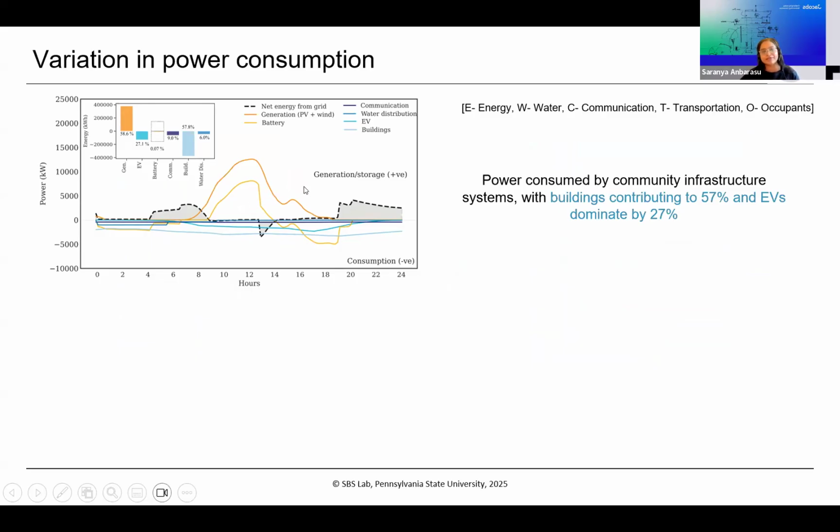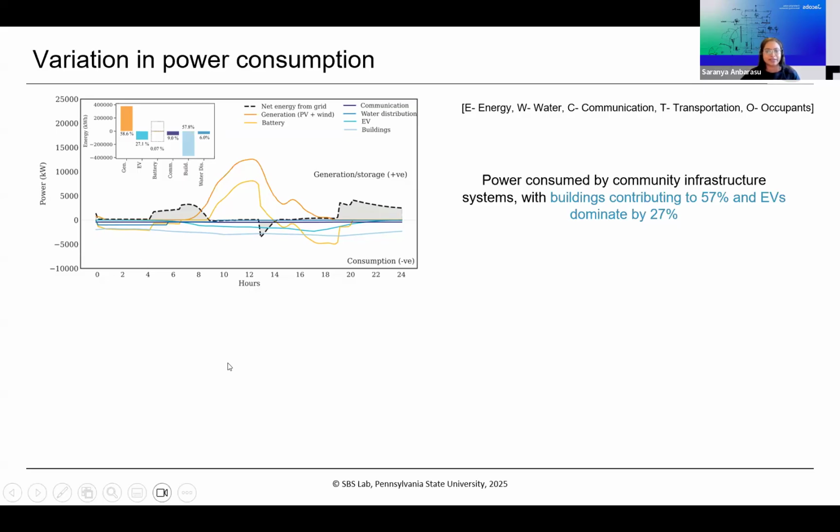Since this is a futuristic community with 100% EVs, we see this dominant load of 27% consumed by EVs. But under current conditions, we might not see such heavy EV loads. So this framework and the models also offer a way for us to test different EV penetrations or different renewable penetrations. We can start exploring systems and looking at percentages of different assets' generation and consumption based on the different penetration ratios.